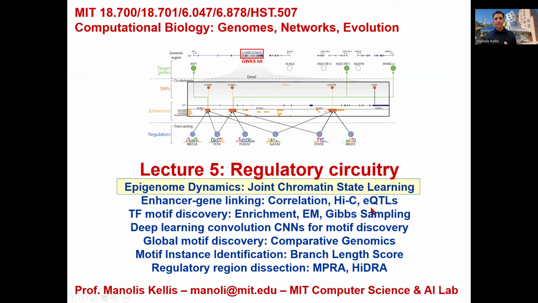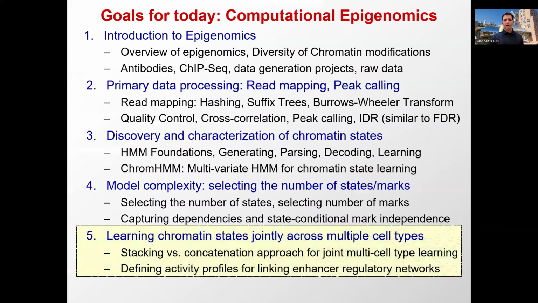So now this is learning these states using a single sequence. But if you have multiple cell types, then you can actually learn these chromatin states jointly across multiple cell types.